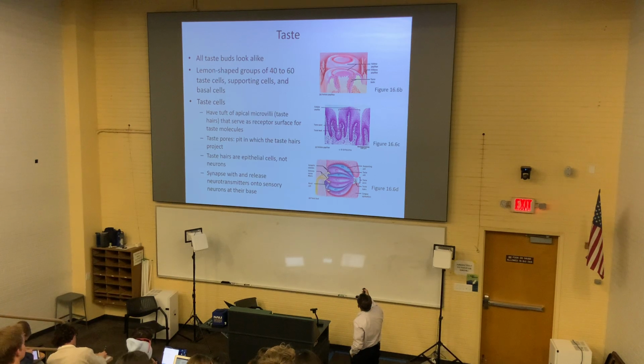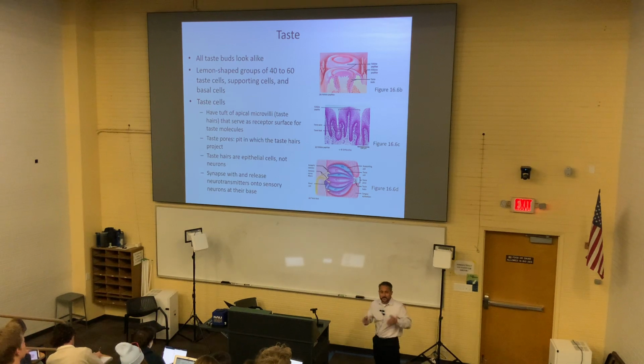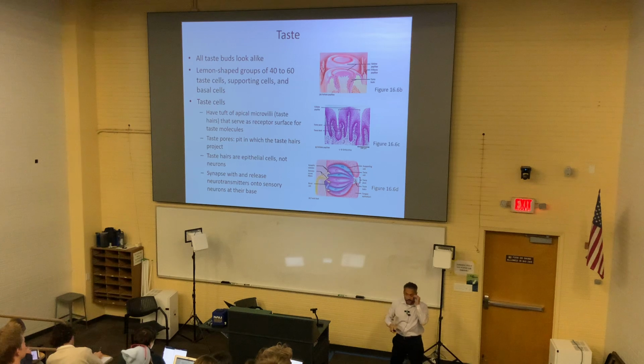And you can kind of appreciate these little onion-looking structures, which is what this is. This is a large magnification view of a taste bud or a drawing. And these are the taste buds individually that are located down in this crevice. And we'll talk about the importance of that invagination or that crevice here in a second.